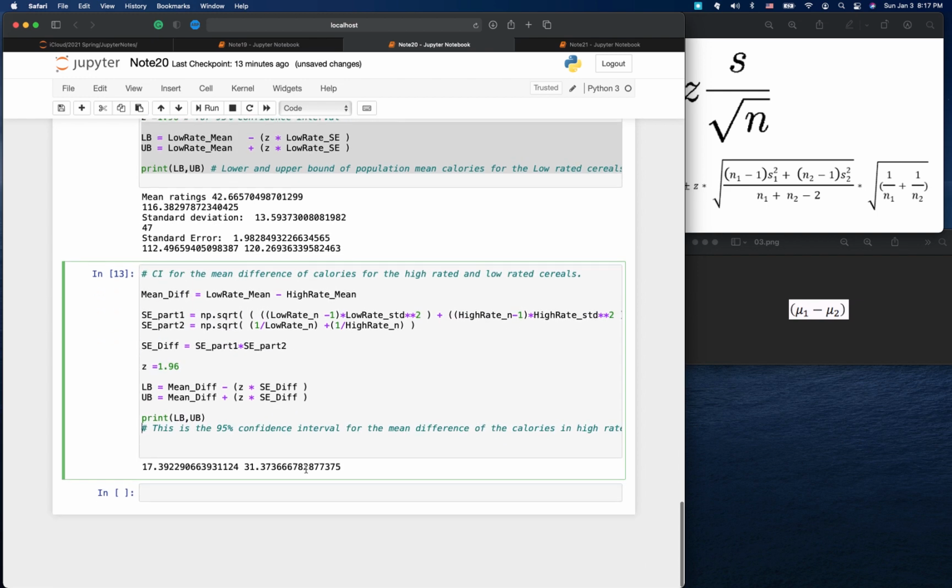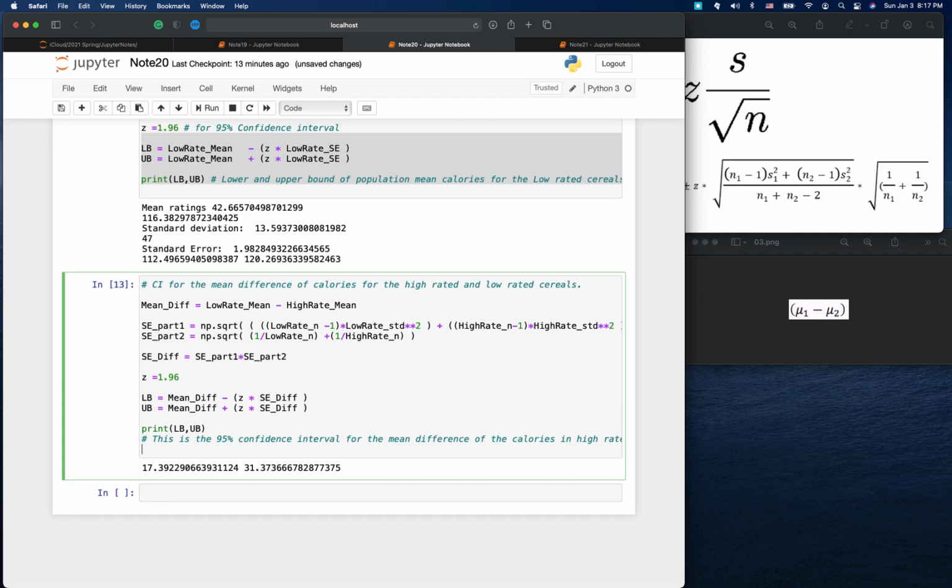Okay, so do you remember I said if there is 0 between these two numbers, meaning 0 is contained in the confidence interval, we can say the two groups are similar.